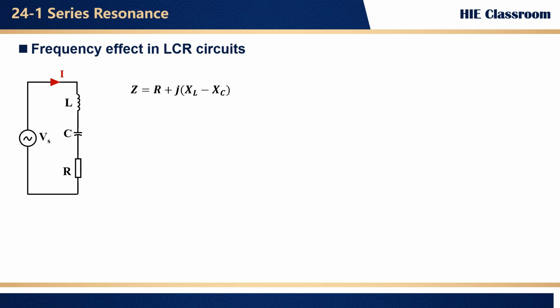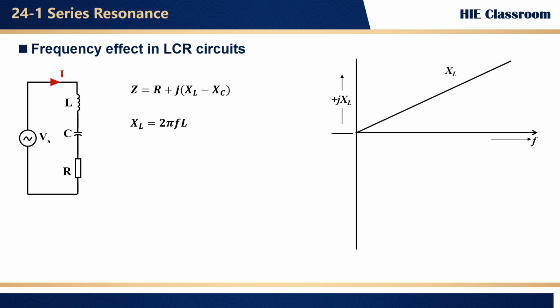Why? Because first, the inductive reactance XL equals 2 pi times the frequency times the inductance L. If we plot XL against the frequency, we will see that XL starts at 0. As the frequency goes up, it shoots up in a straight line. Simple, right?